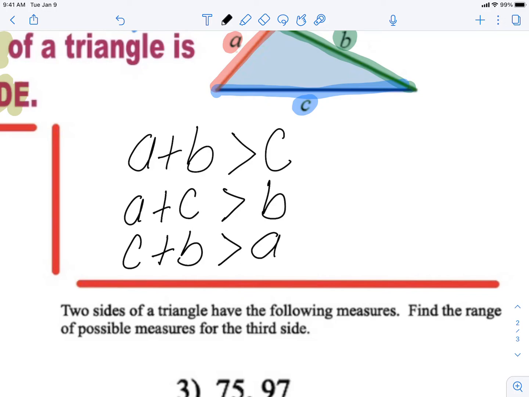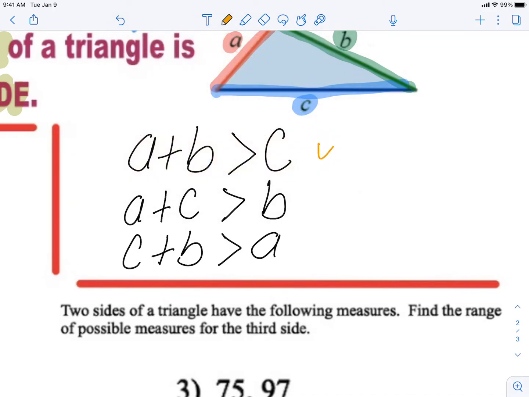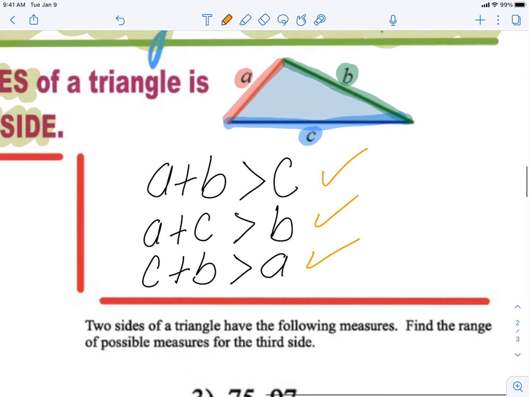And if we get checks on all of those, check, check, and check, then this is a legit triangle. You can form a triangle. If any of these don't have a check, the triangle does not work.